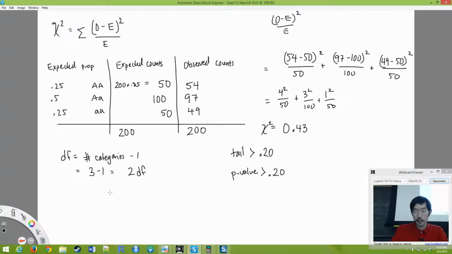So if we go back a slide and look at what our hypotheses were, the null hypothesis was the population is defined by these proportions. And then the alternative is at least one of these proportions is wrong.